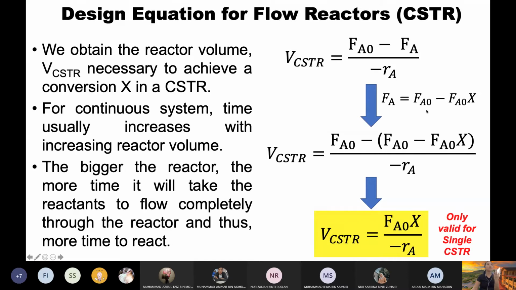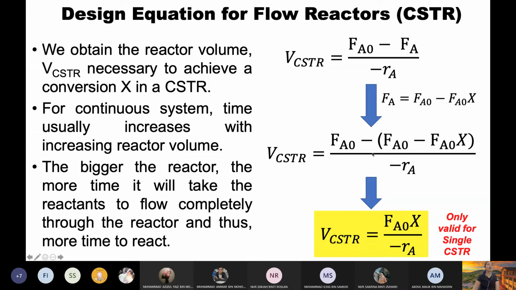So you see now, from this conversion correlation, I already have X. So what I do, I replace my FA, the original one, with FA naught minus FA naught X. So when I do this, now I will get volume CSTR equals FA0 X per minus RA. You see the mathematics: FA0 minus FA0 becomes 0. Minus minus becomes positive.